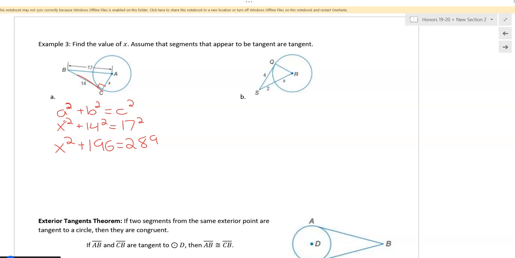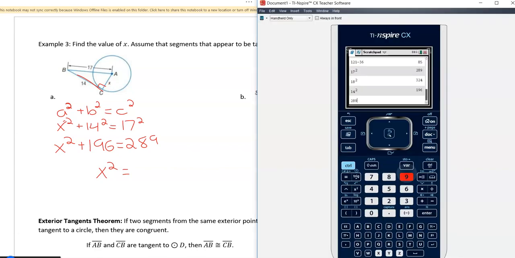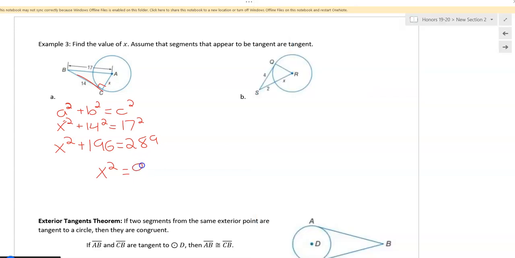If I subtract 196 from both sides, I get x squared equals 93. And I take the square root, x equals the square root of 93. That has no perfect square in it. So x equals the square root of 93.